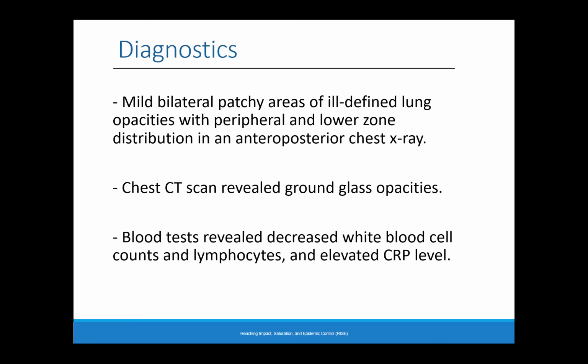We did an X-ray, and according to the radiological definitions of COVID, they were so confident that it really fell into the criteria. He had bilateral patchy areas of ill-defined lung opacities and consolidation, in most cases peripheral. That's what we've commonly seen in COVID. We performed a CT chest that was also in keeping with COVID, with typical ground glass opacities.